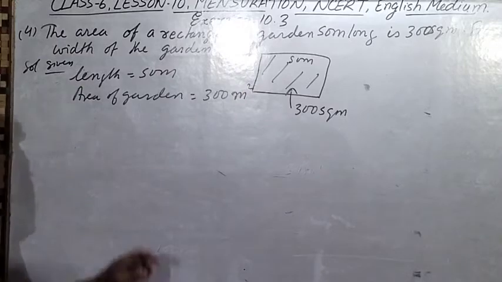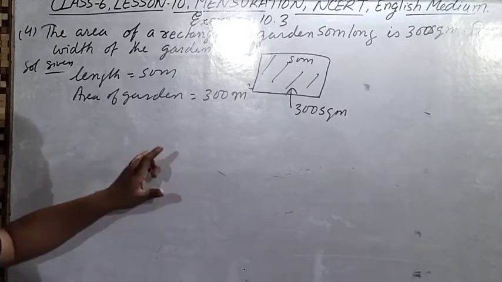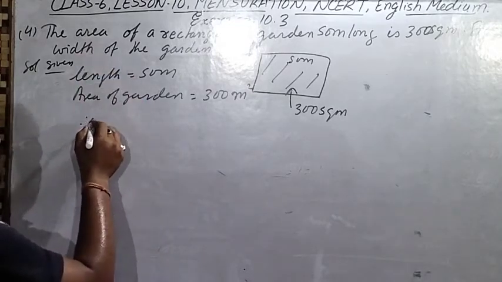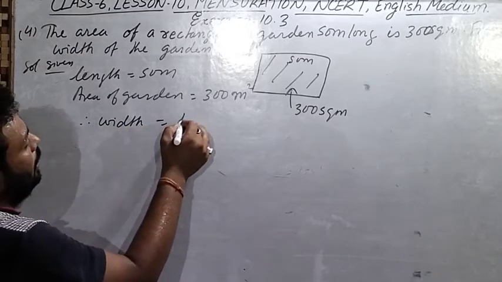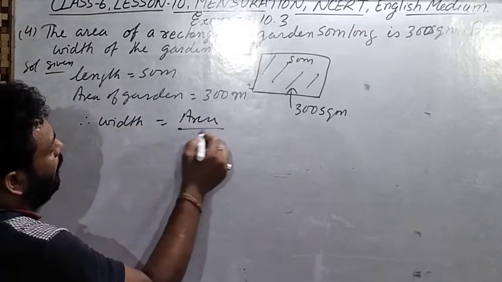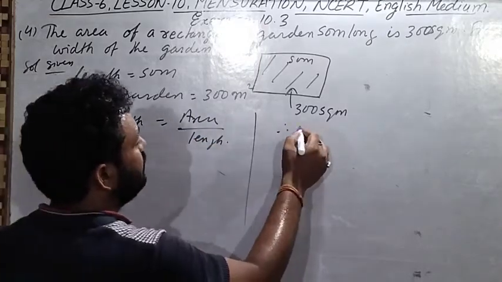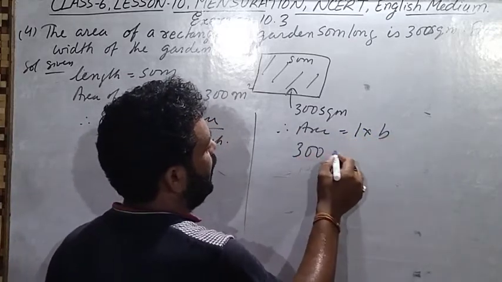I have taught you the formula earlier in this video that for finding, if area is given, length is given, for finding width or breadth, we write width is equal to area divided by length. Or directly also we can do. Take the formula like this. Area is equal to L into B. Put the value of area here.